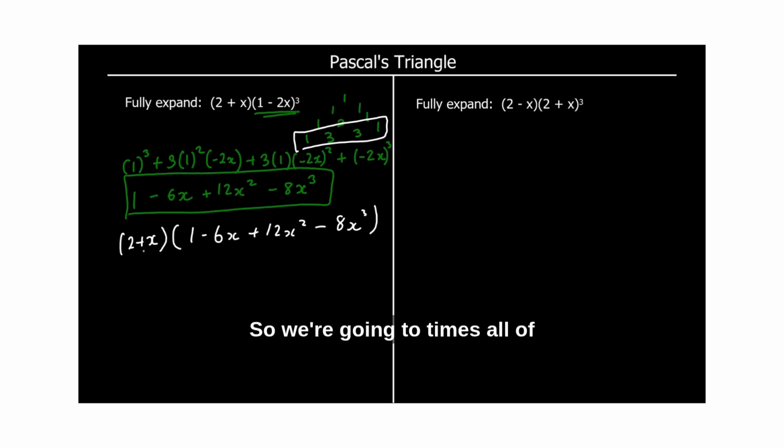So we're going to times all of the terms in the second bracket by both of the terms in the first bracket.